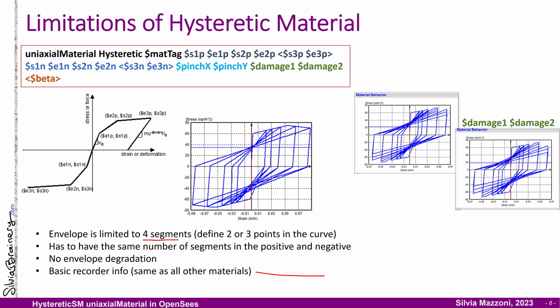It also has to have the same number of segments in the positive and negative direction. There's no envelope degradation, and also there's very basic recorder information. Interestingly, that's the case for all recorders, for all materials. But I've actually added some new recorders to this material, and hopefully maybe other materials may pick up similar recorders.